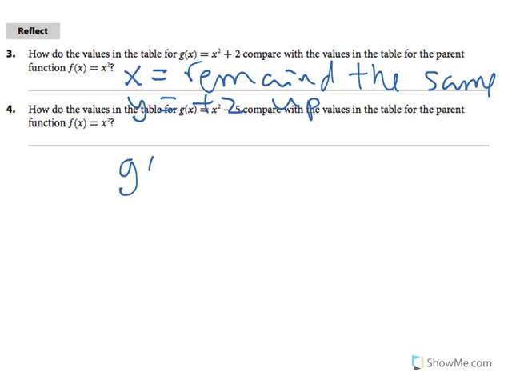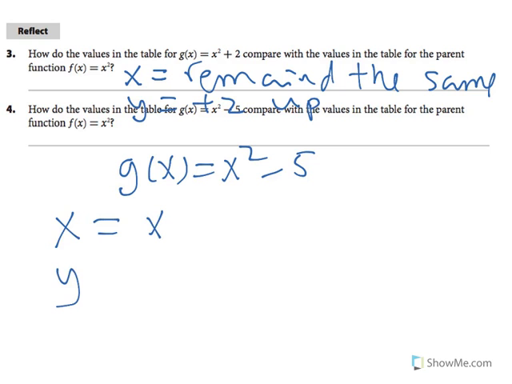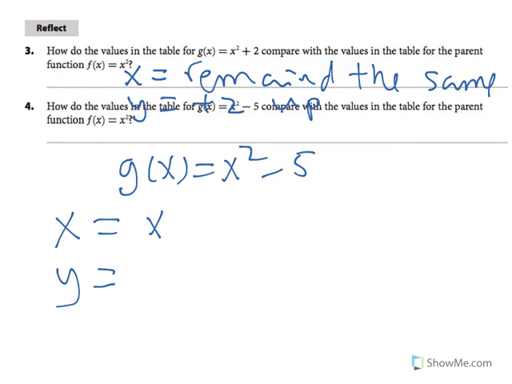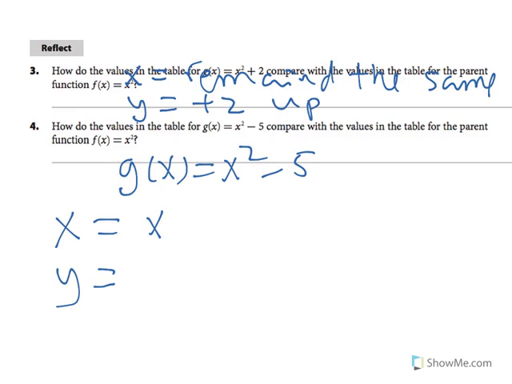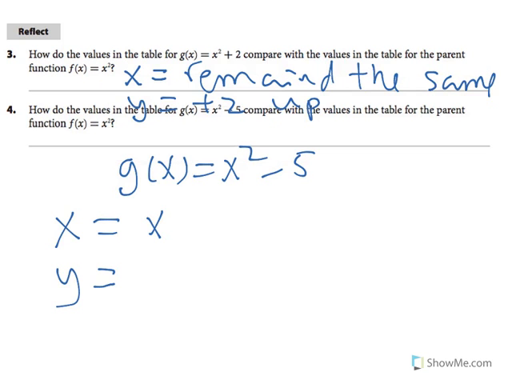For our next example, g of x equals x squared minus 5, it's the same thing: our x stays the same, and our y goes 5 units down.